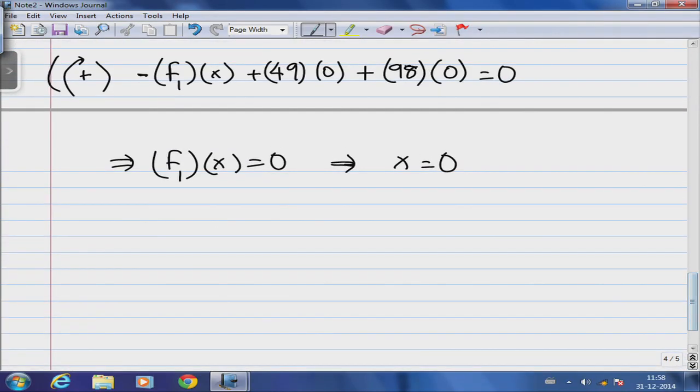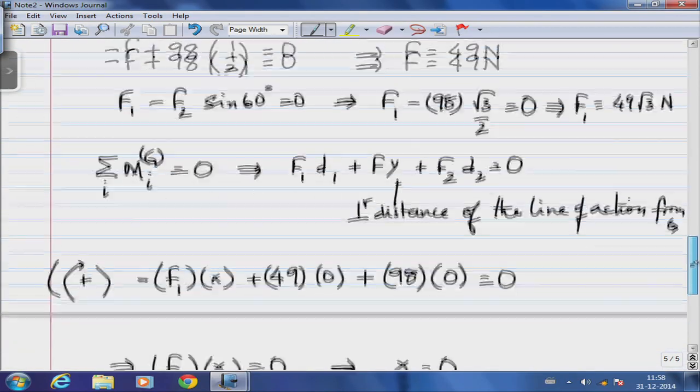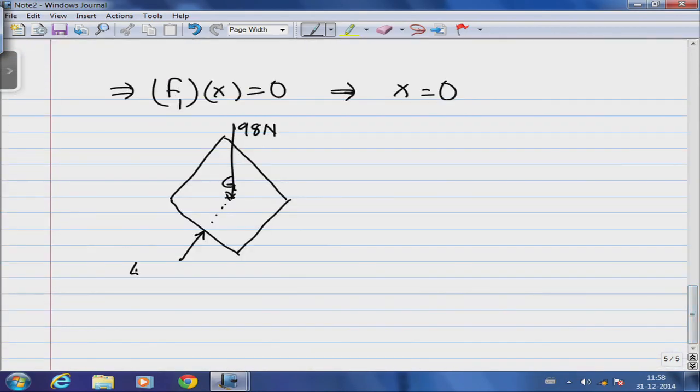So, let us draw a free body diagram of this square block once more, with the correct magnitudes of the various forces. So, these are the three forces acting on this body.